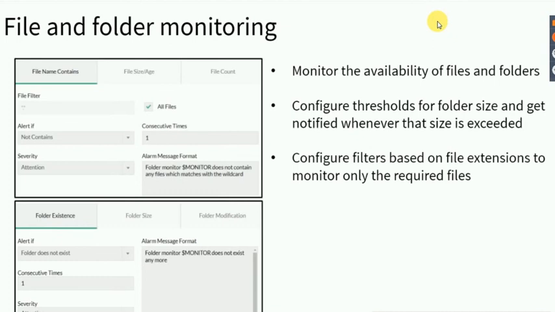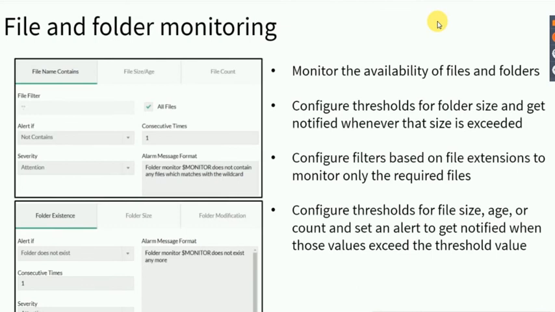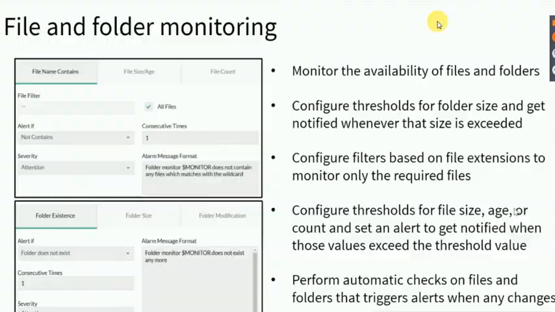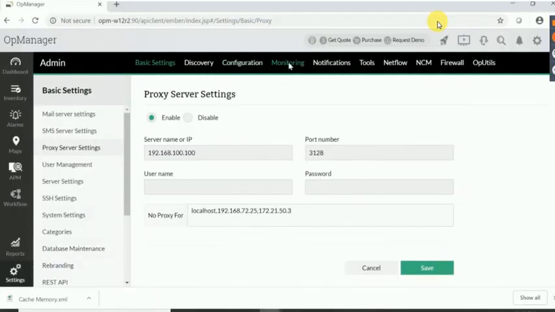Monitor only the required files, and configure the thresholds for file size, file age, and count, so that you're notified whenever somebody tries to modify the file, remove the folder, or update the file content.